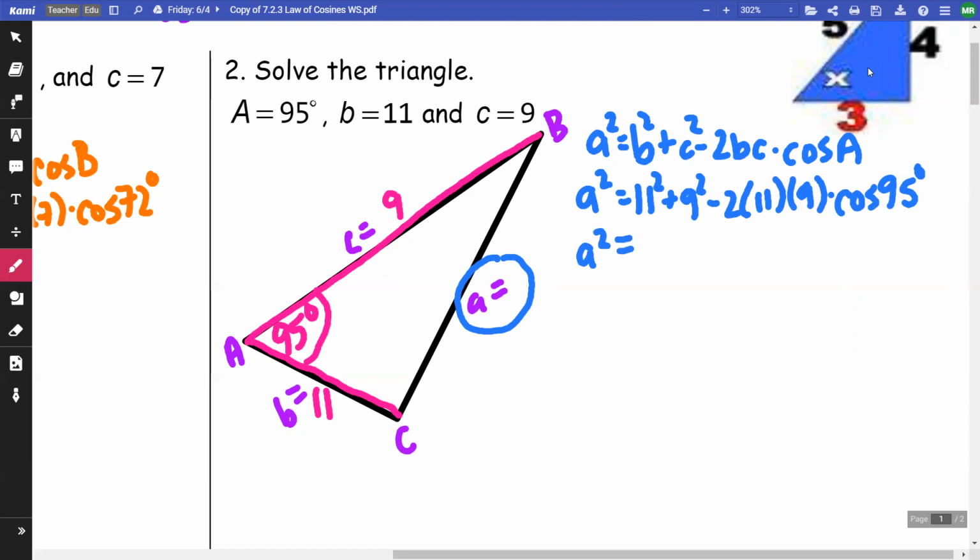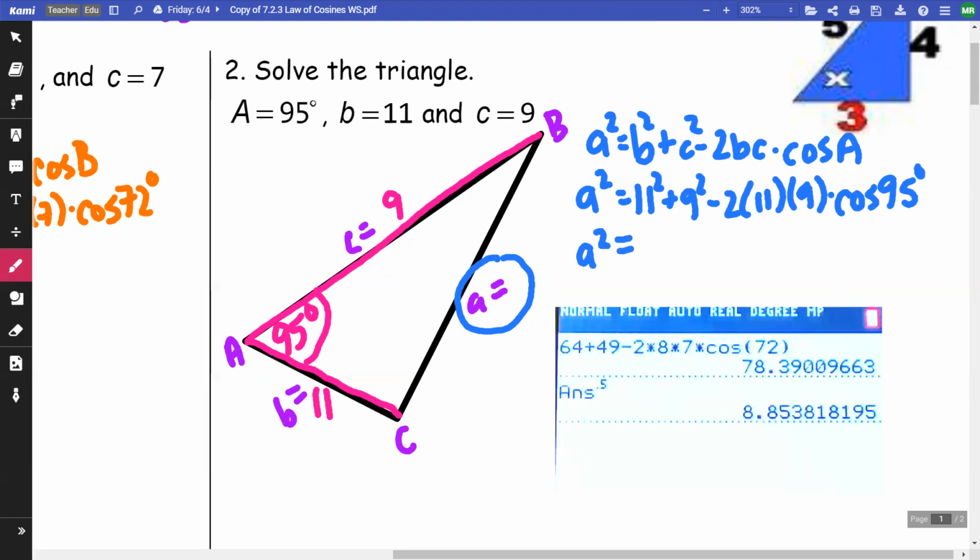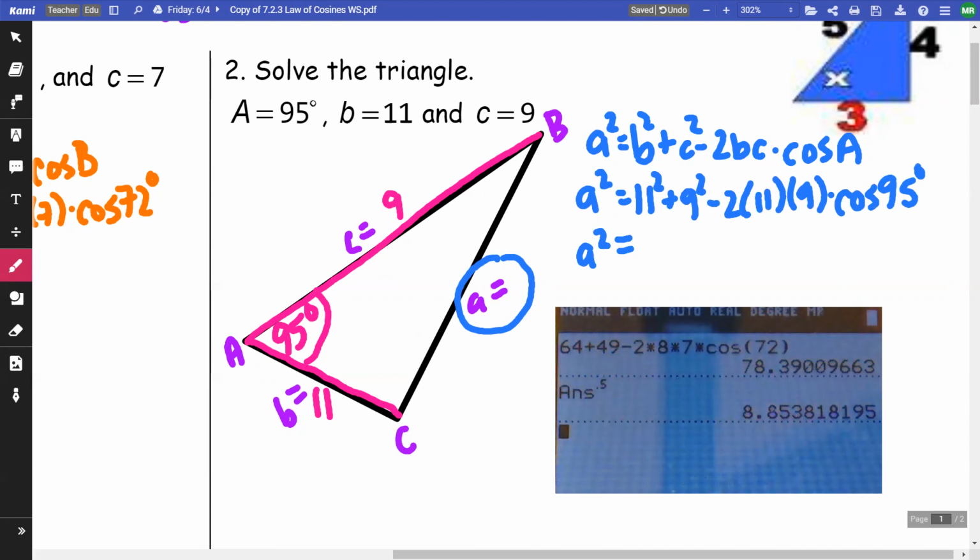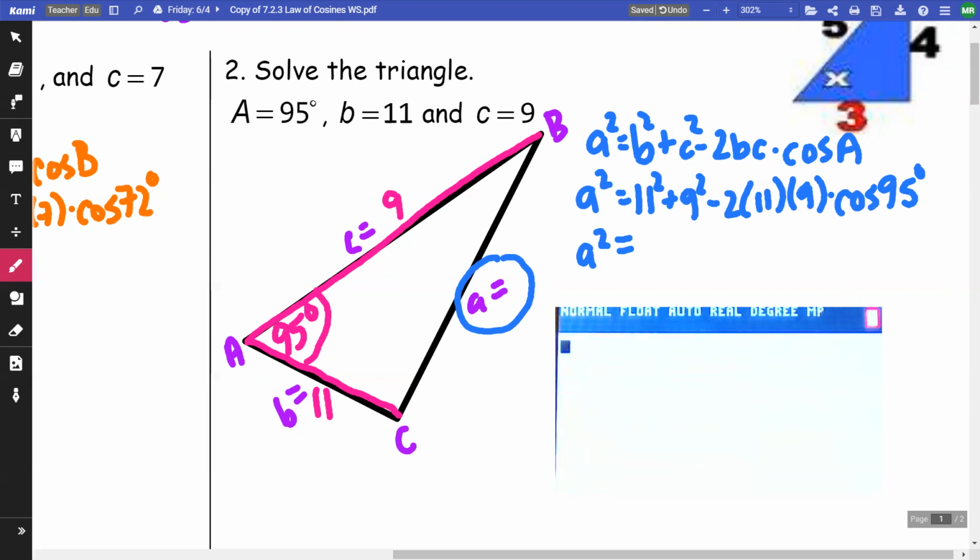I'm going to put that into my calculator: 121 plus 81 minus 2 times 11 times 9 times cosine of 95.